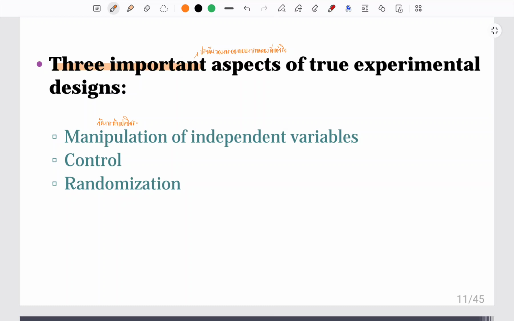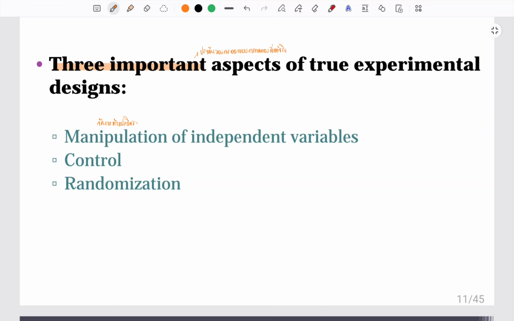Just patients, okay. The one who receives the TMS dose will be considered the experimental group and the one who receives the sham will be the control group.